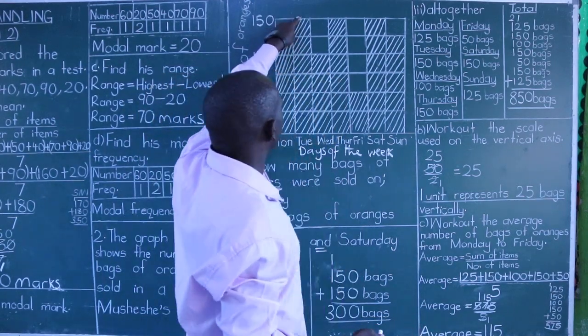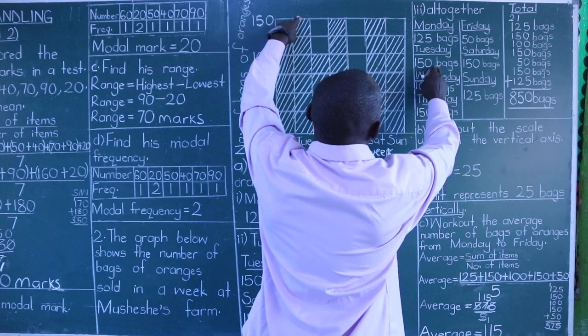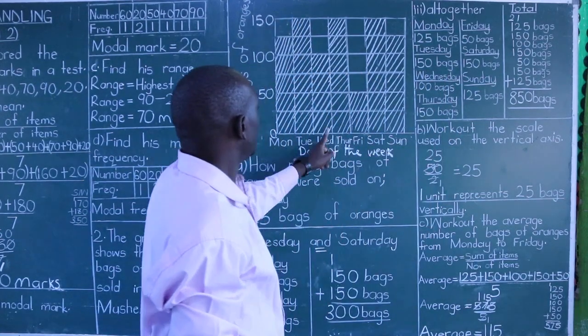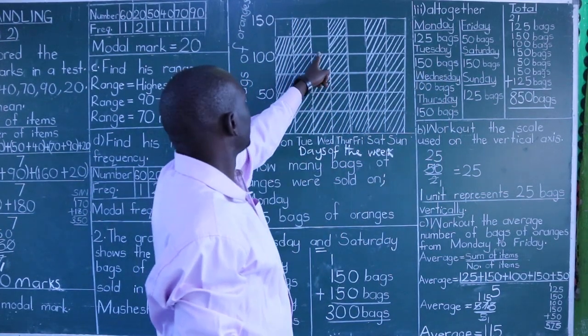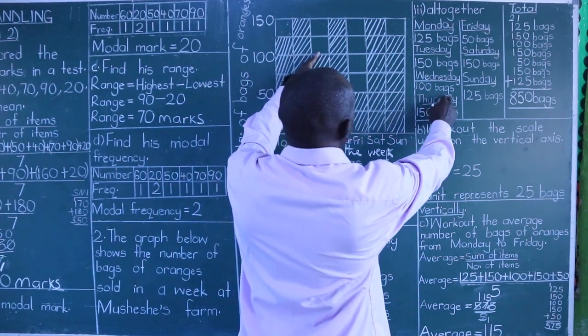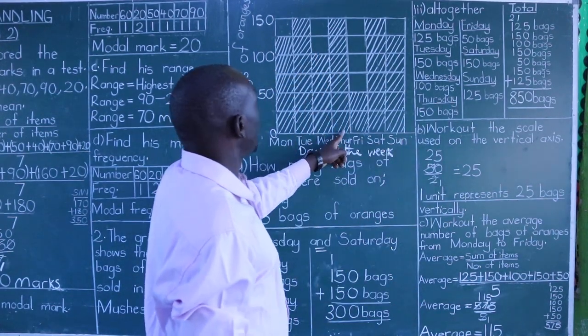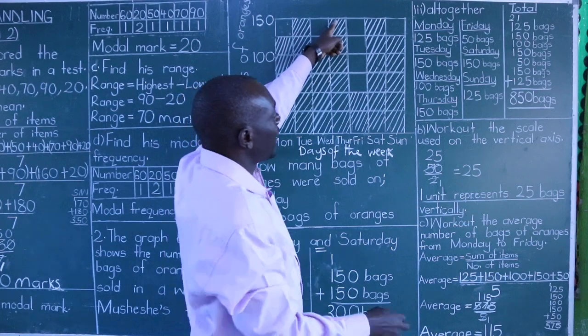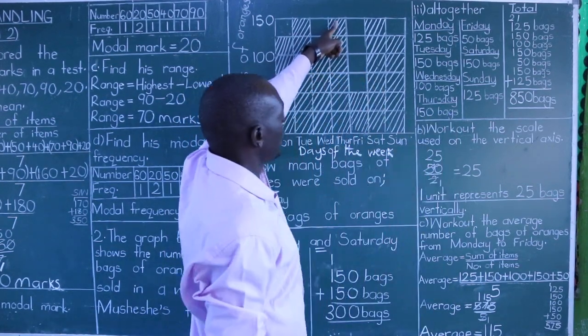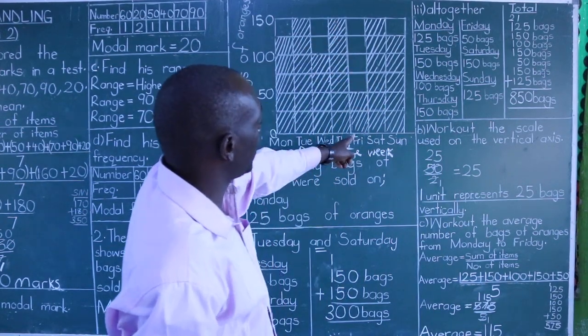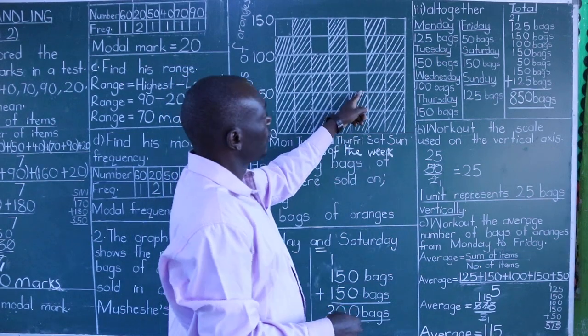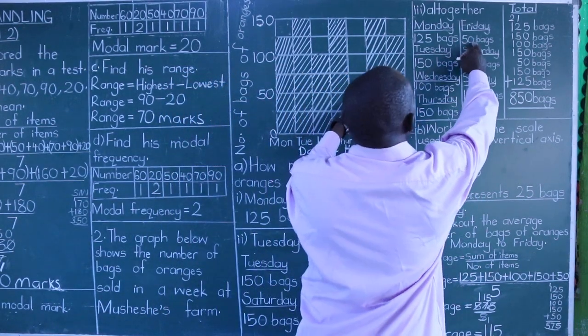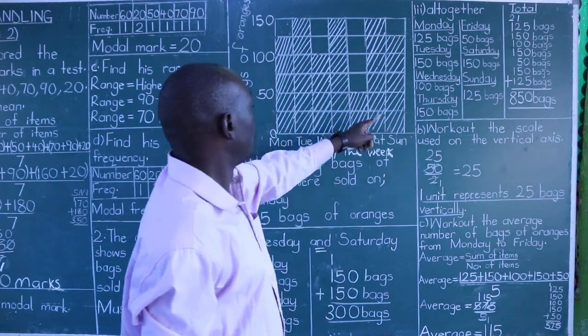Then go to Tuesday. Go up to where the last shading is. It's 150 bags. Write them down. Then go to Wednesday. It's 100 bags. Then Thursday. 150 bags of oranges were sold on that Thursday. Then Friday, 50 bags were sold on Friday.